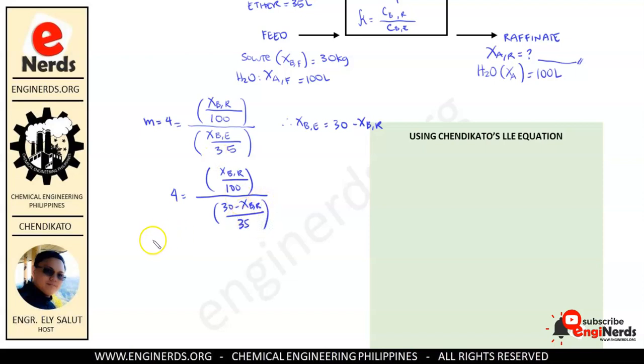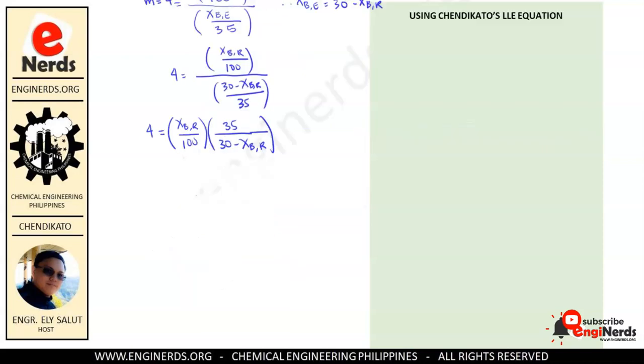So, simplifying this, we'll have 4 is equal to XBR over 100 times 35 over 30 minus XBR. Okay? Okay, so to simplify this, I will try to isolate itong XBR natin dito sa right side ng ating equation.